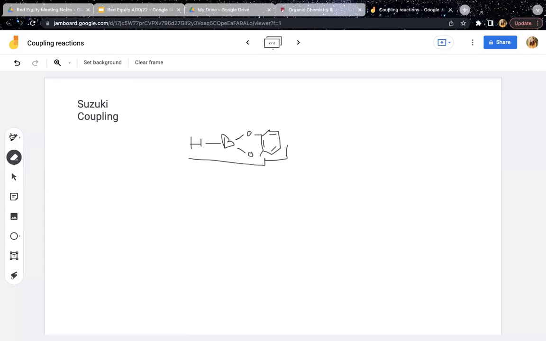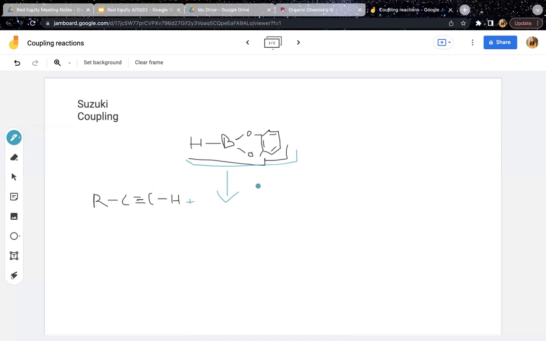Let me draw it better. So this is the ion that we're starting with, and we're going to react it with this. I'm going to change colors here. We're going to react it with this ion. So we're going to do plus that.